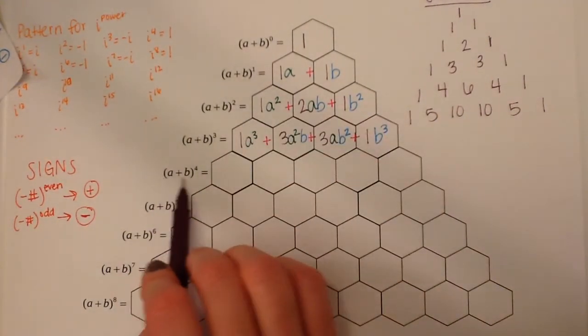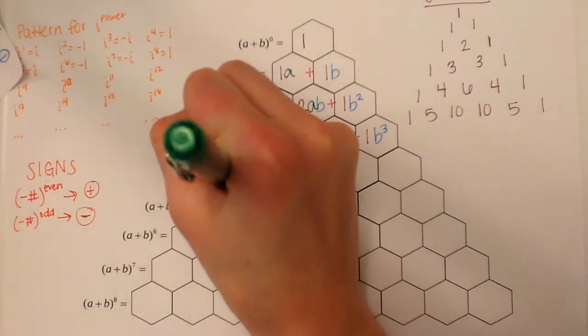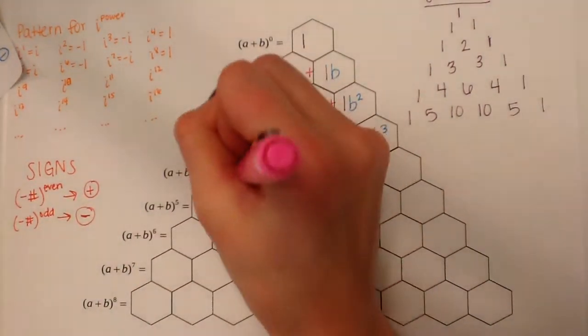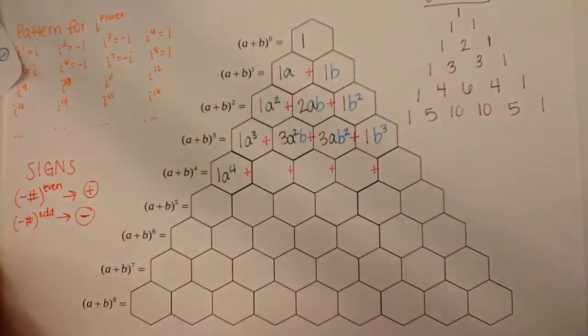So if you take a plus b to the fourth, you're going to end up with 1a to the fourth, and we have plus, I'm just going to put our plus signs in there.